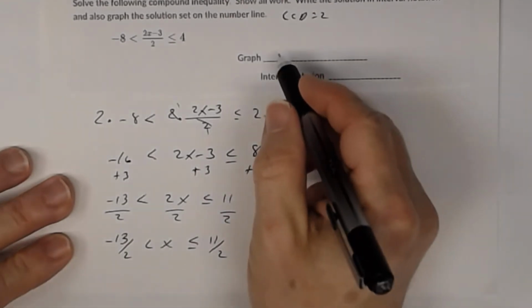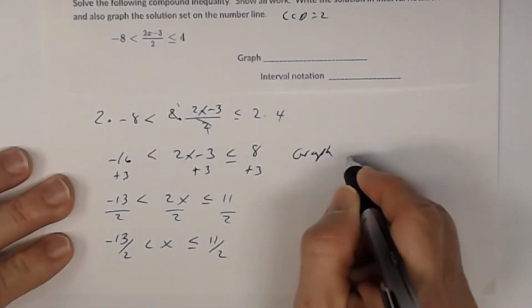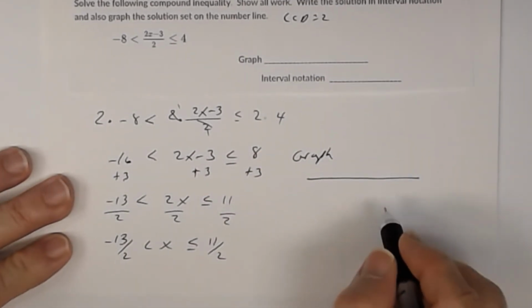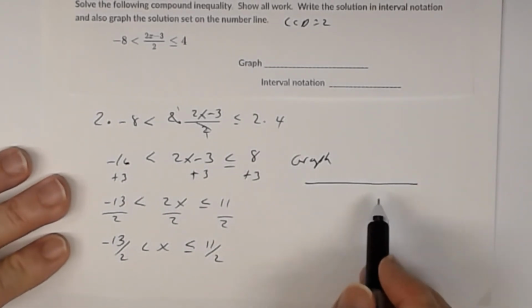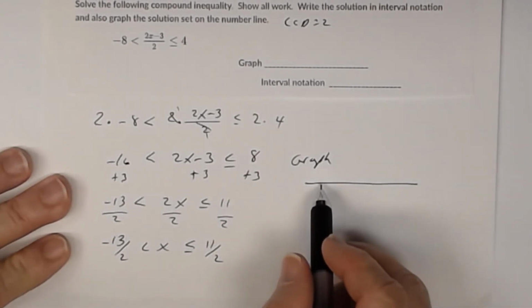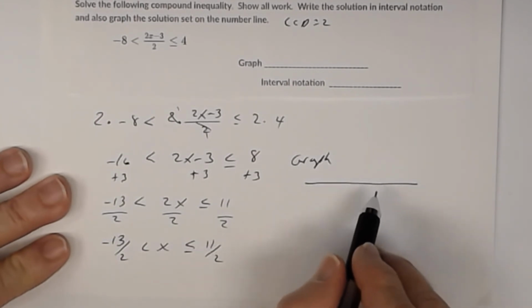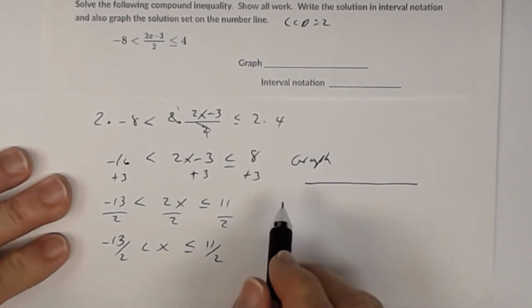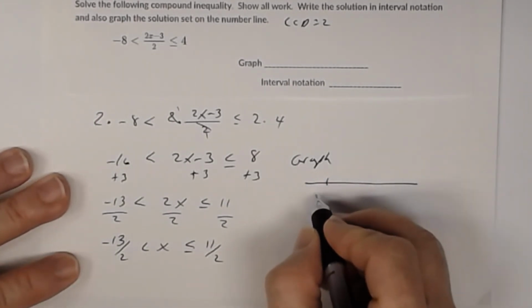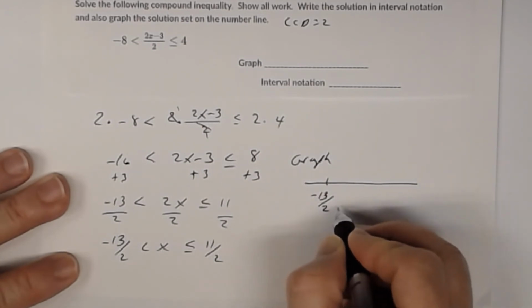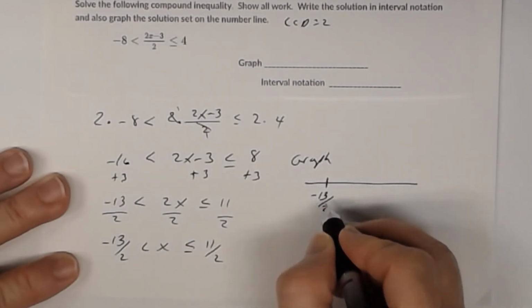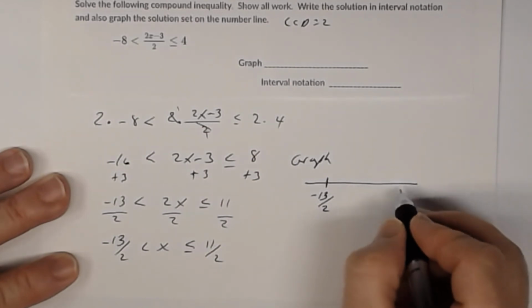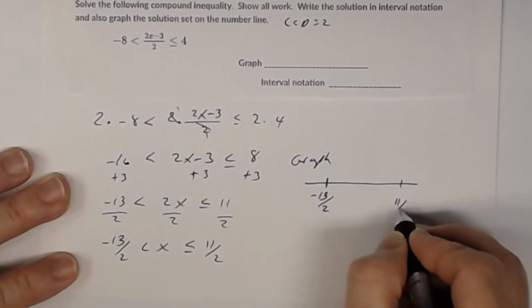All right, and now for the graph, you didn't have to put numbers on these things, and by numbers I mean like 0, 1, 2, 3, negative 1, negative 2, negative 3. Since you're doing it by hand, all you had to do was put a little tick mark with negative 13 halves over here, and then a tick mark with 11 halves.